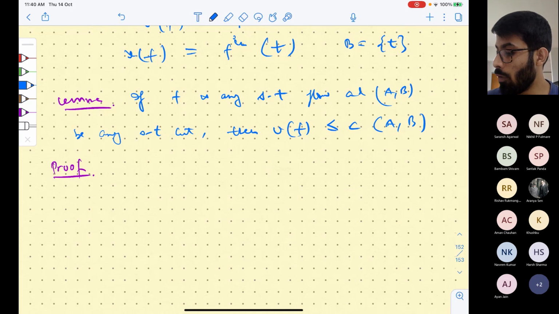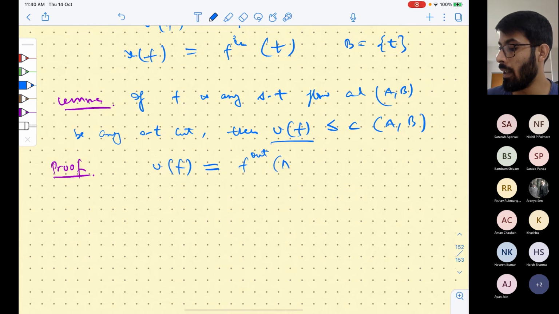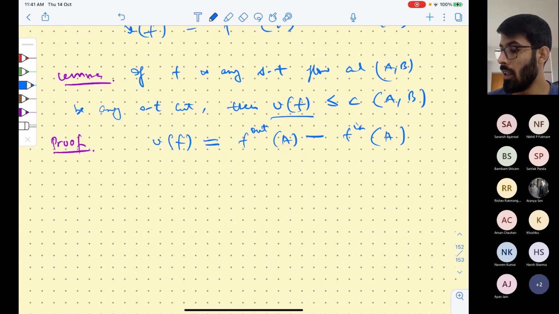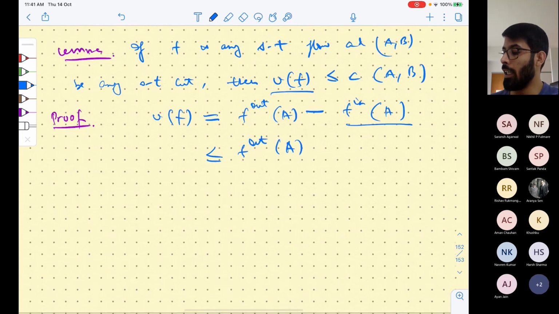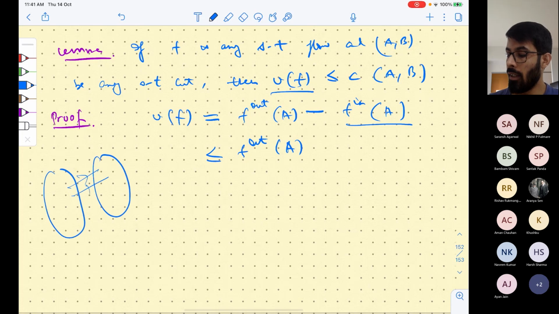Now we know what is the value of F. Value of F is equal to F out of A minus F in of A, right? Which is basically less than or equal to F out of A, right? We don't even need to care about F in of A, because if you remember, the capacity of a cut is just the outgoing edges. It does not really care about the incoming edges, right?